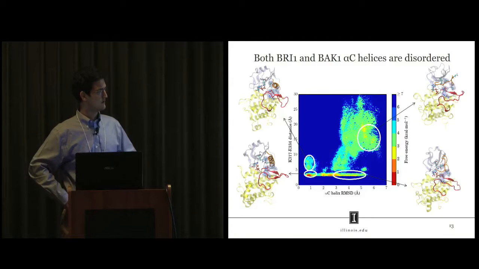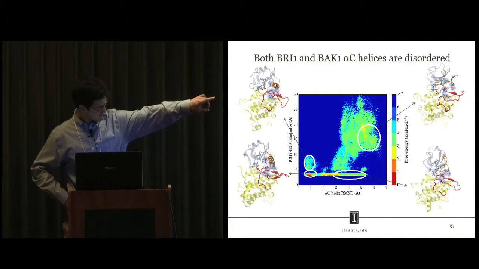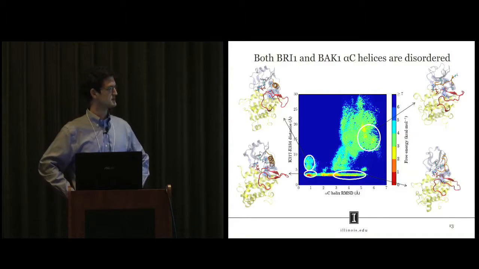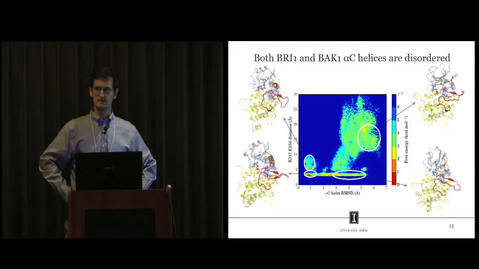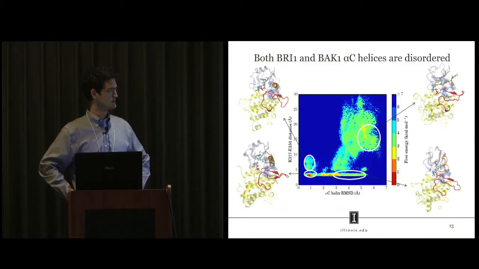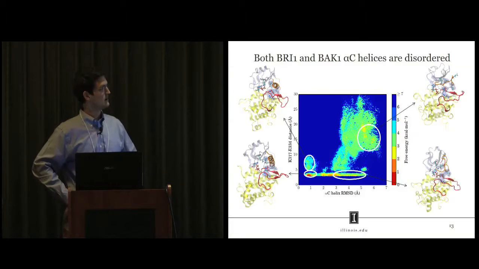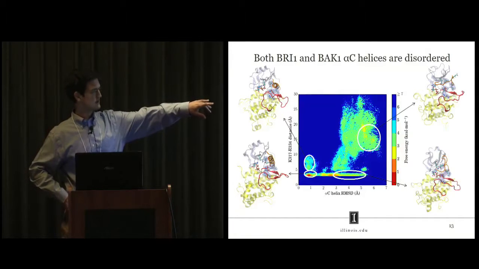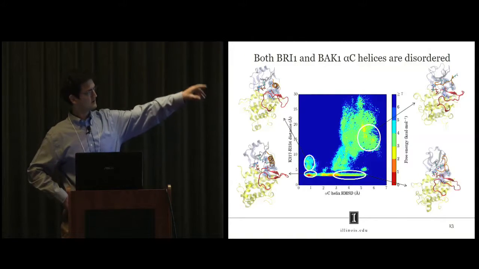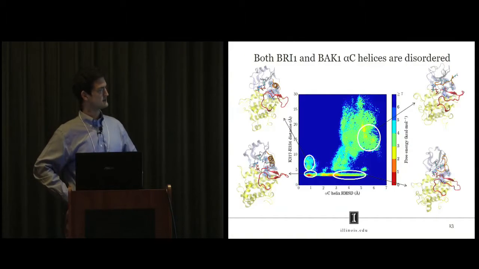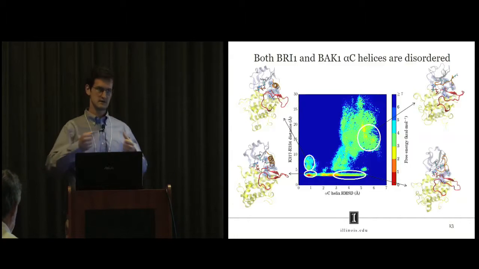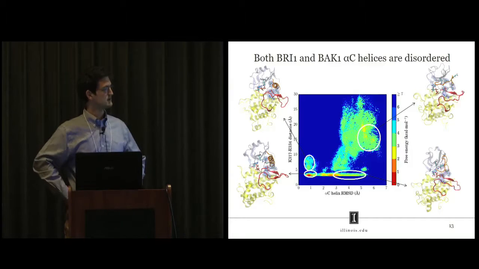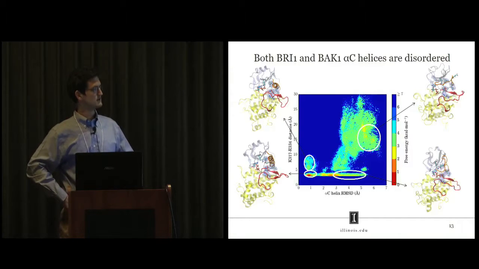In the left-hand corner, the red oval right there represents the active-like state where all those criteria are met for activation. I should mention on the x-axis is the RMSD of that helix from a folded helix, and on the y-axis is the distance between the lysine and glutamate that needs to be formed for activation.